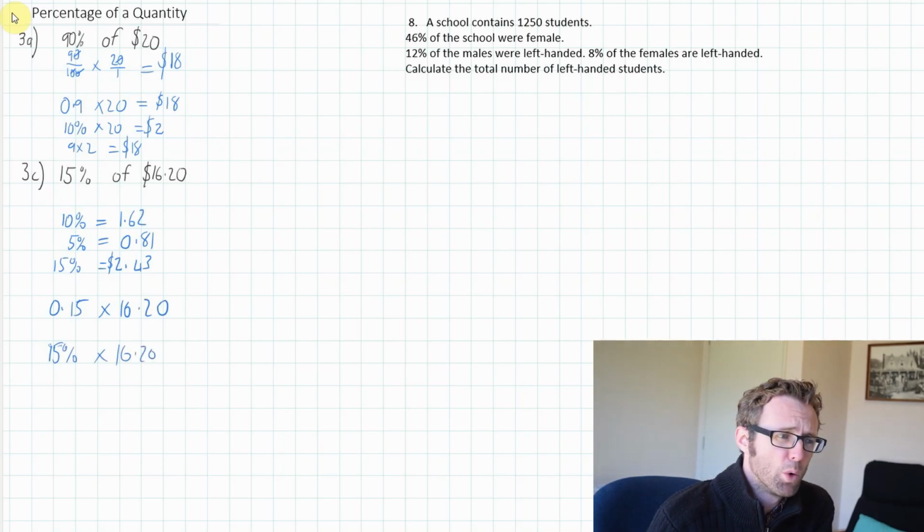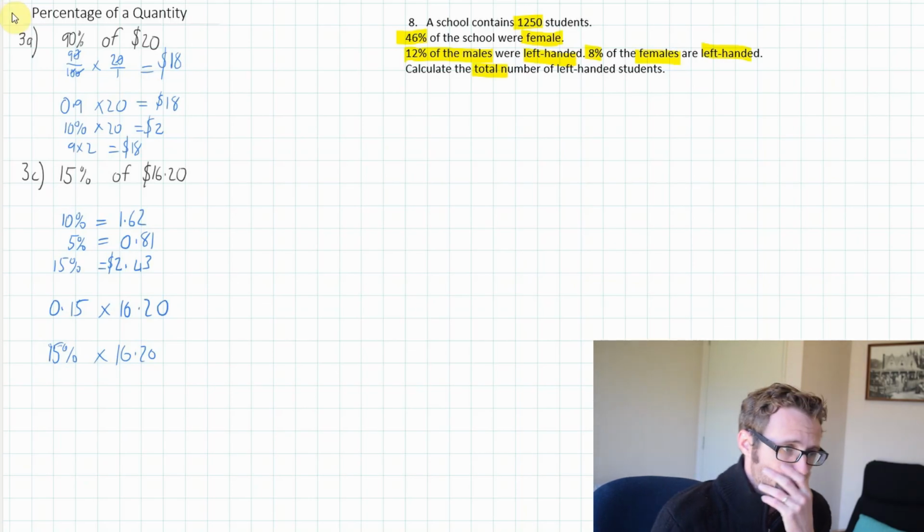I'm just going to do one more as an example of a word problem. We've got a school that contains 1250 students, and we know that 46% are female, and the males are 54%. 12% of the males are left-handed, and 8% of the females are left-handed, and we want to know the total number of left-handed students.